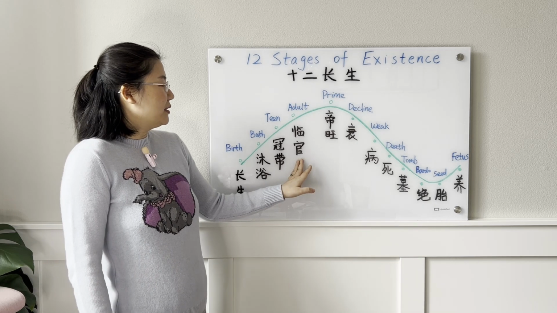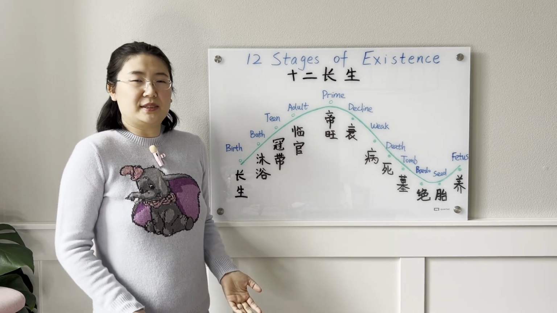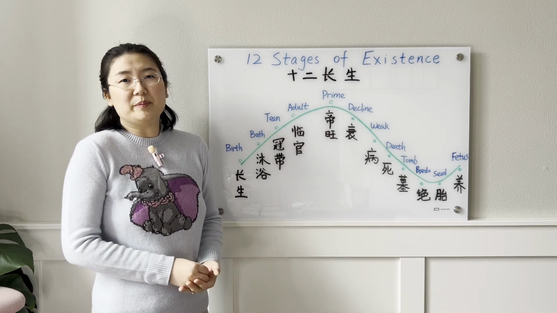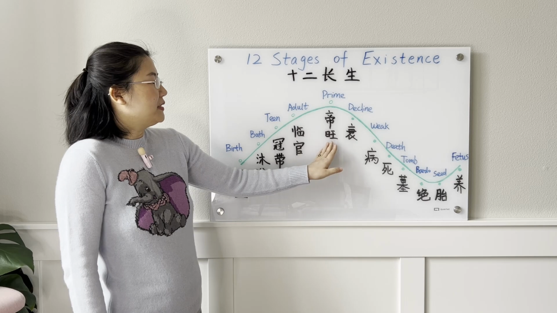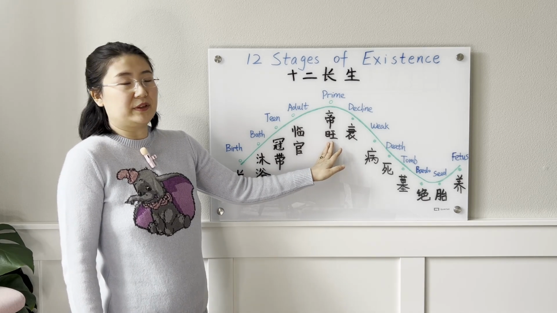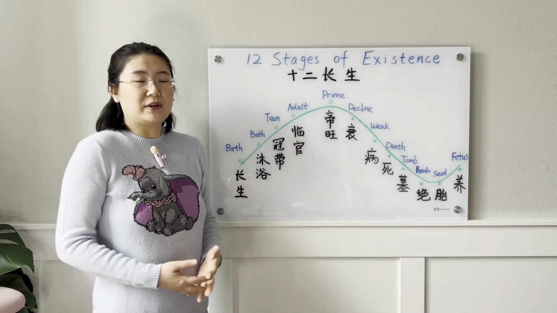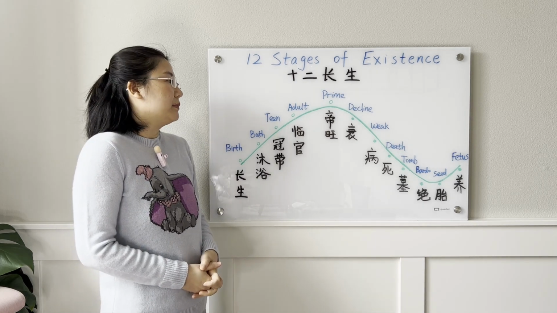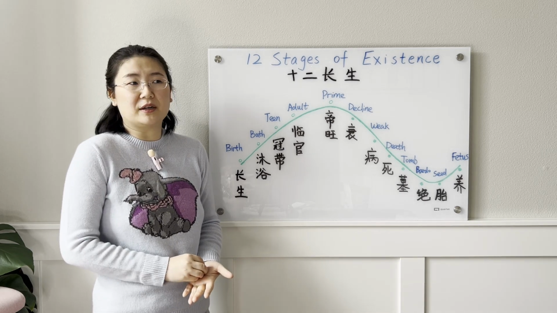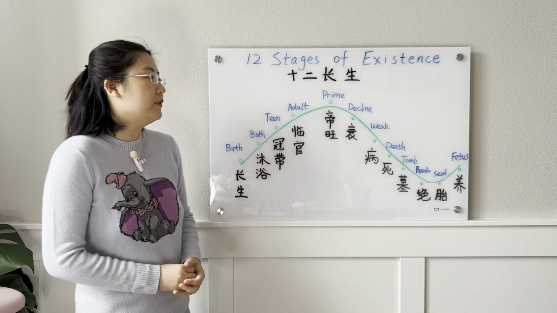Then the 4th stage is the beginning of adulthood. So we venture into society, the beginning of our own career and being independent. The 5th stage is 地旺, which is the prime peak stage of your life. So that corresponds to the middle years of our lives. We have a more established career, so we typically are the breadwinner and supporter of our own family.